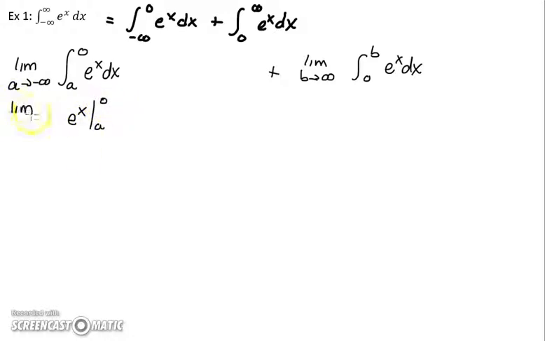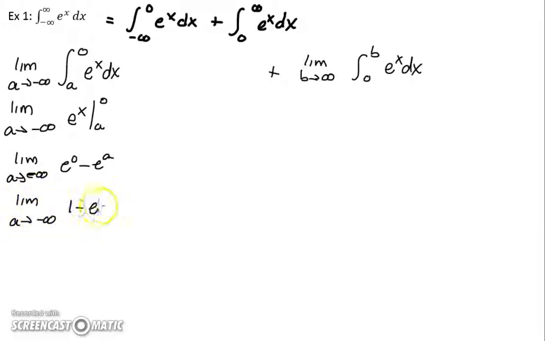Then we take the limit as a approaches negative infinity of e to the 0 minus e to the a, which is the limit as a approaches negative infinity of 1 minus e to the a.